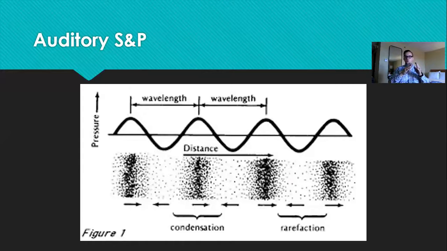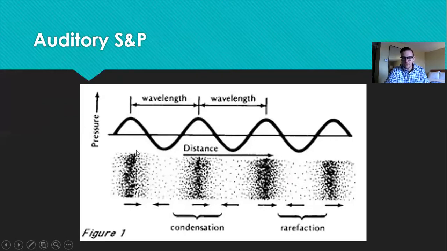Now, the wavelength is dictated by how quickly the rarefaction and condensation alternate. You can see that at the point of condensation, this wave goes up, and then at points of rarefaction, it goes down.